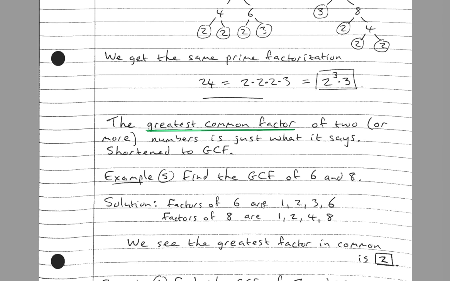We're doing something slightly different here. The prime factorization is writing a number as a product of primes. Making a list of factors is different. It's finding all the factors of a number. The factors of 8 are 1, 2, 4, and 8.